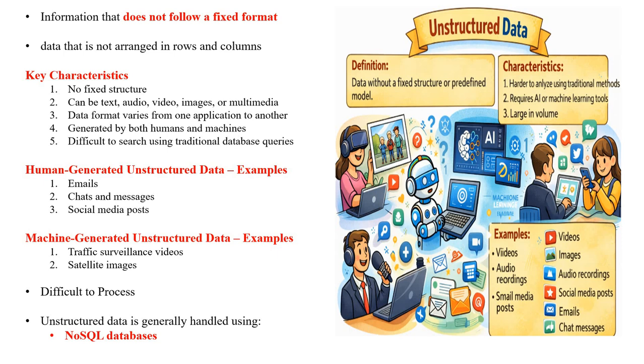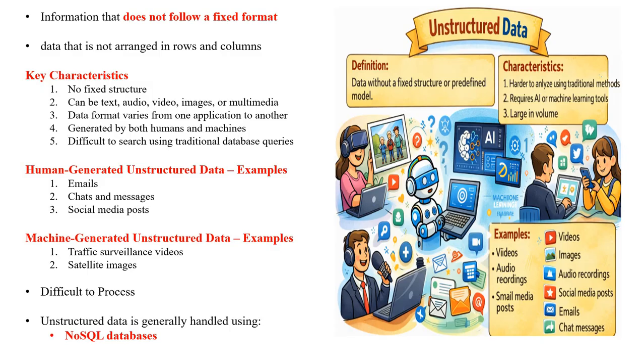In simple words, any internet data that is not arranged in rows and columns is called unstructured data. In IoT environments, cameras which generate videos are one example. Other examples are sensors which generate continuous streams, and smart devices which generate logs.